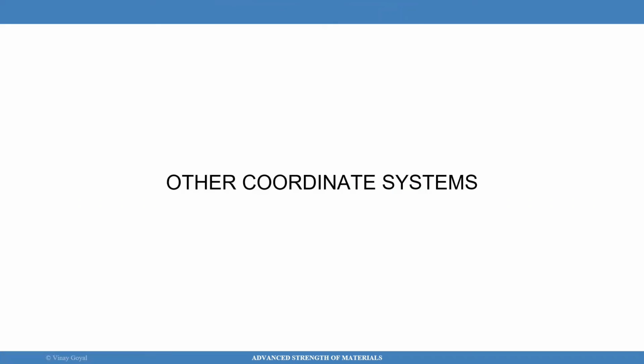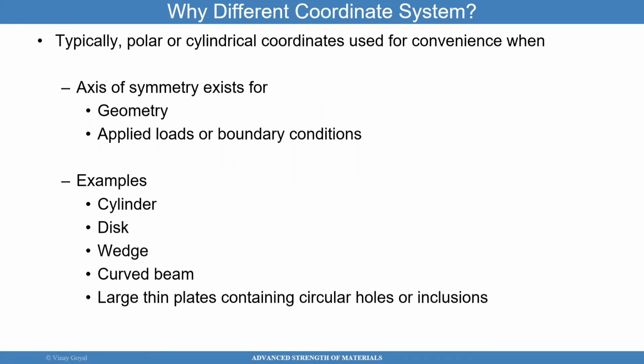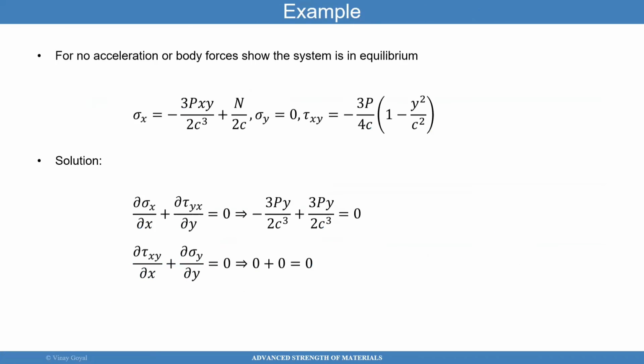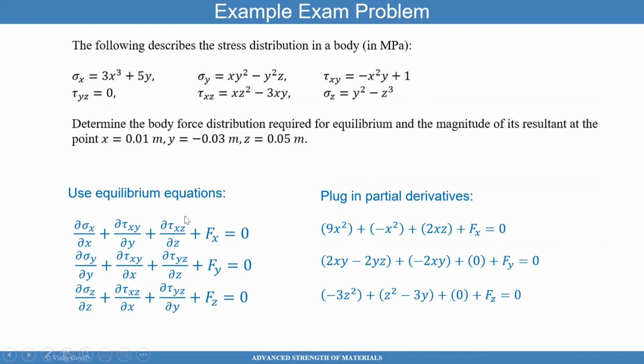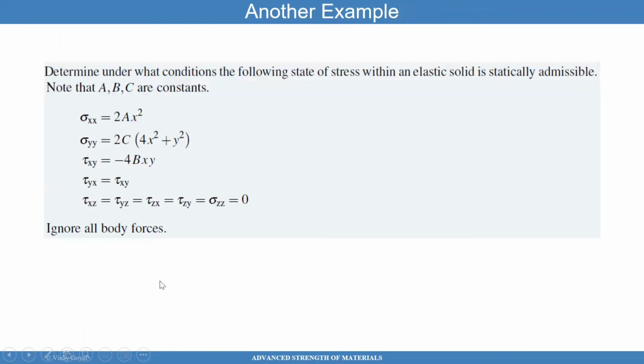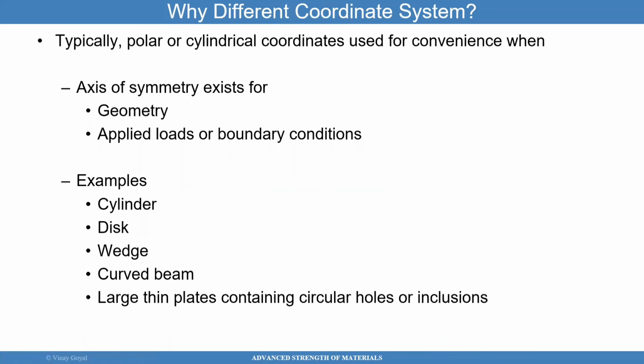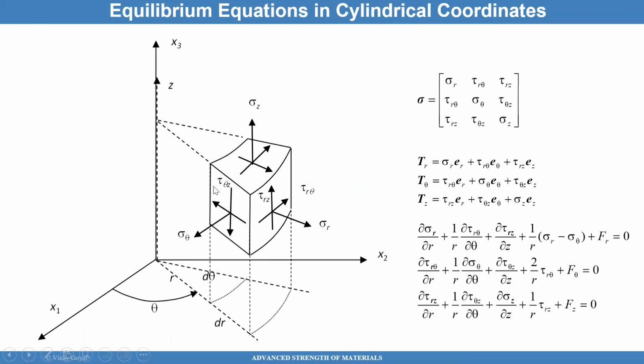We have other coordinate systems. The equilibrium equations I showed you here are for our Cartesian coordinate system. If you go to a cylindrical or polar system, which is very convenient for studying cylinders, disks, wedges, and curved beams, we'll see that in this course, then you can do equilibrium for a cylindrical system, for example.